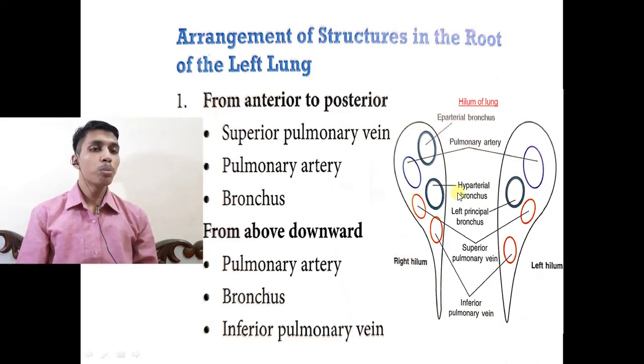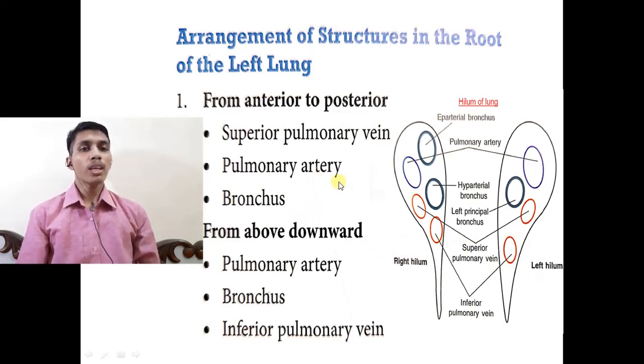From anterior to posterior, front to back, we find at the anterior-most region the superior pulmonary vein, then the pulmonary artery, then the left principal bronchus. From above to downward we find three structures: the pulmonary artery, then the left principal bronchus, and then the inferior pulmonary vein.